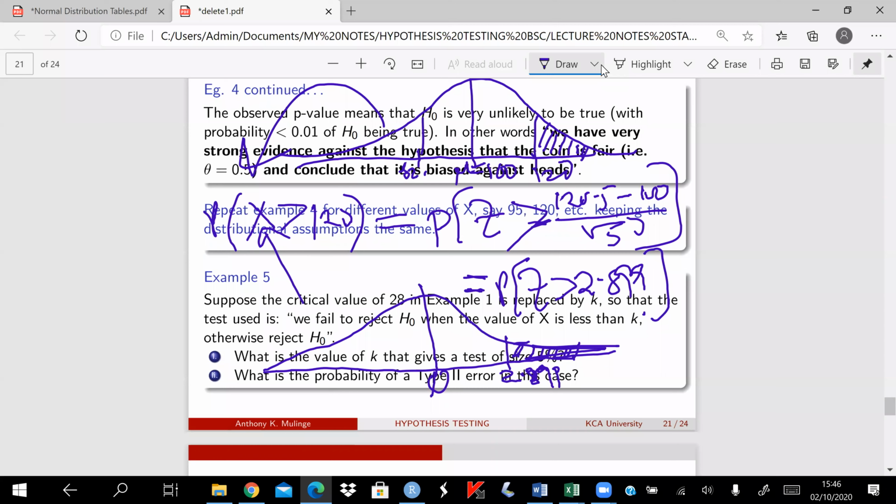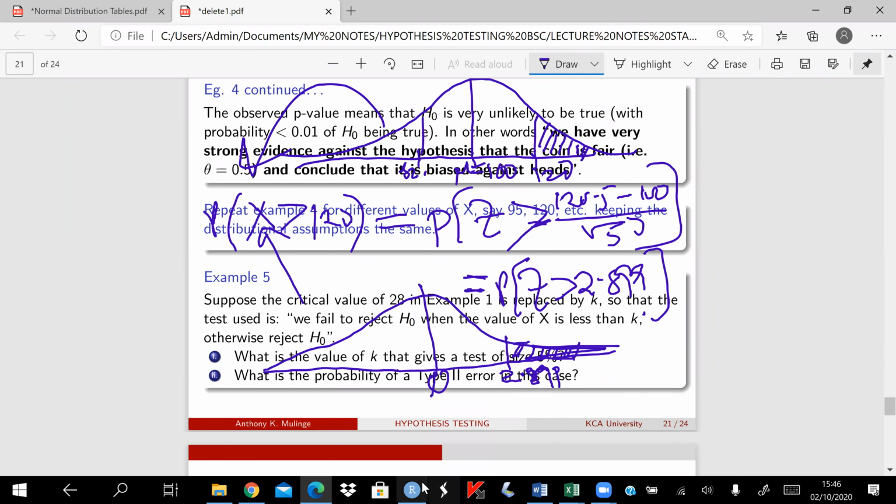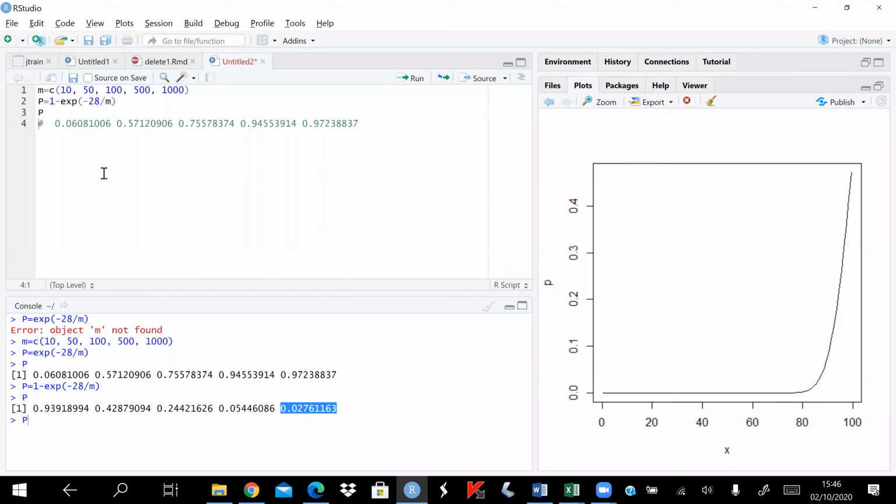And again, we can use our R code to get that p-value. Let me calculate those values from here.